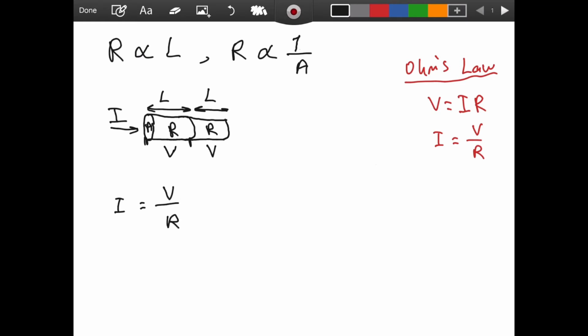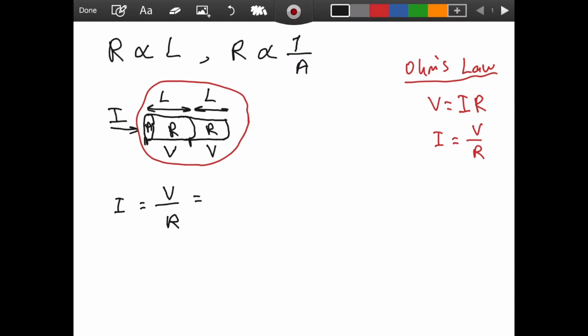Now, this is correct for each of the resistors, each of the cylinders. But if we want to look at the whole picture, then we can say that we still have the same current that is passing through individual resistors. And if you look at them as a system, still the same current passes through them. But now the voltage changed, right?